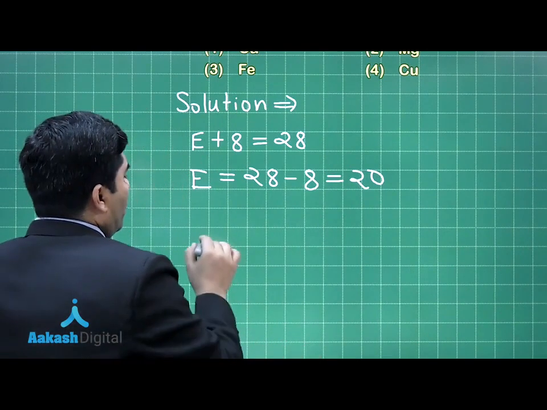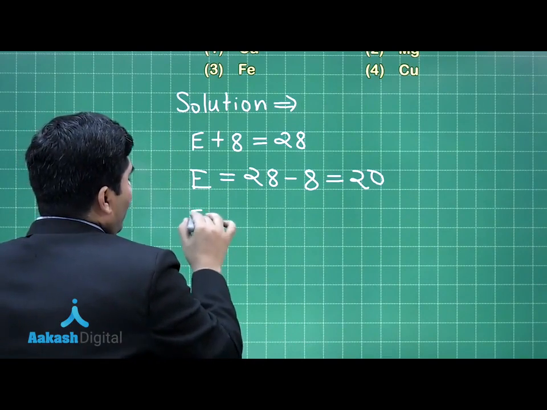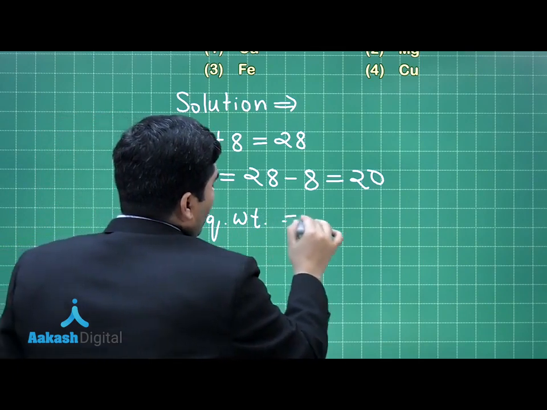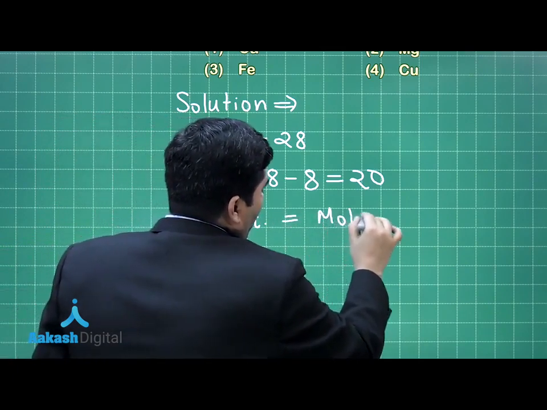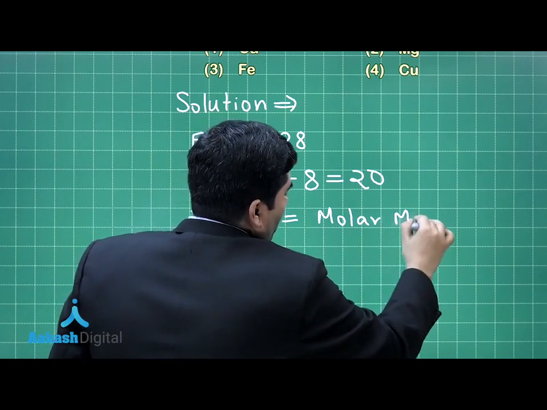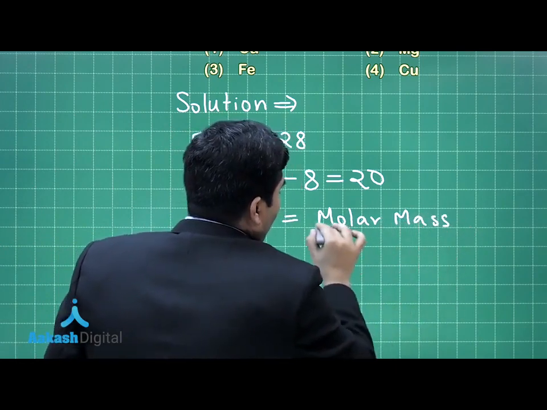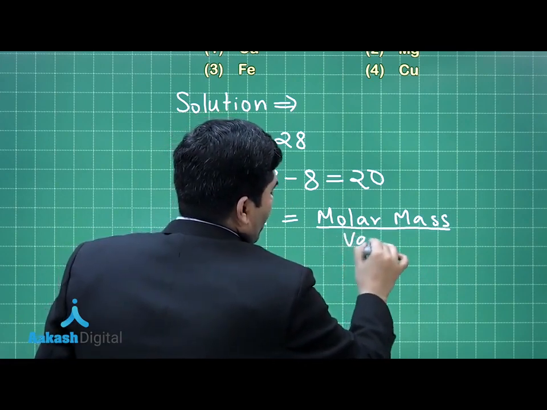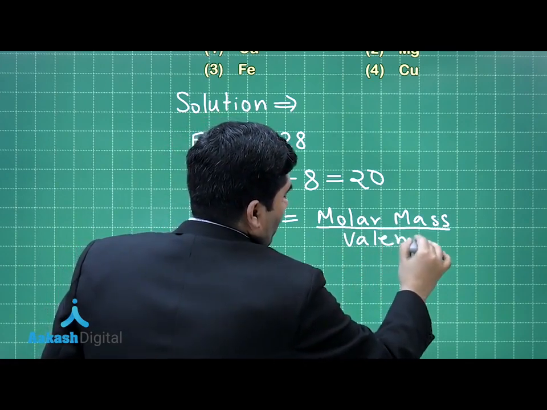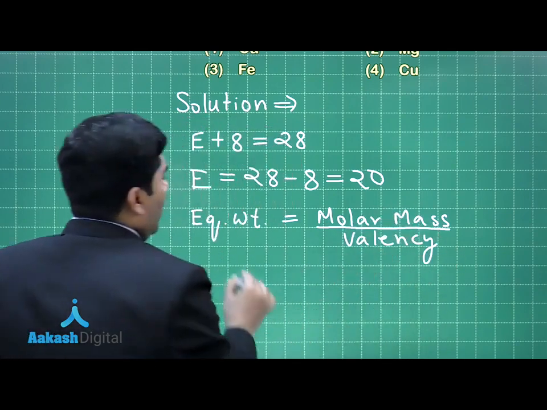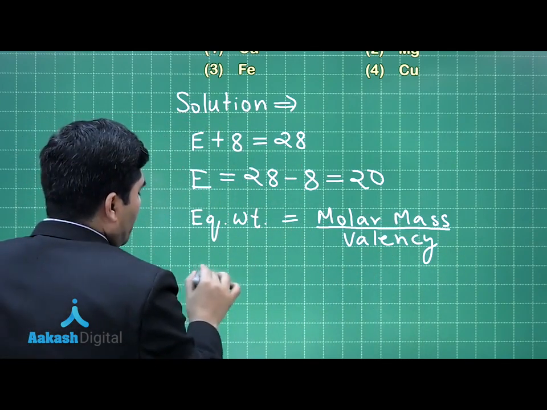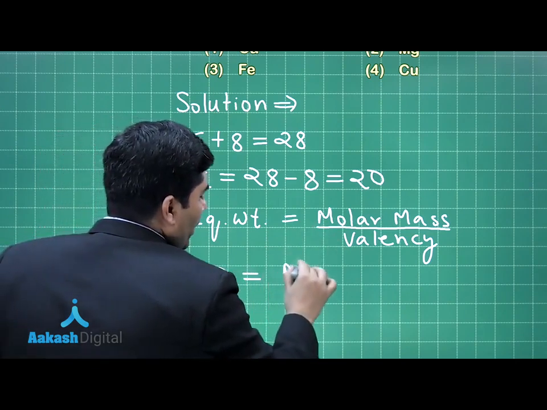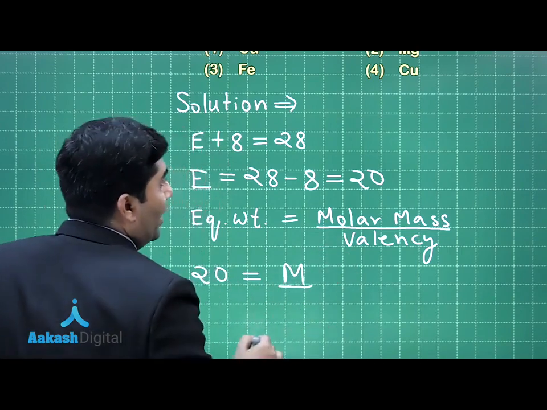Now guys, we know that the equivalent weight is equal to molar mass divided by valency. Now equivalent weight is 20, that is equal to molar mass, which we have to find out, let us consider it m, divided by the valency.